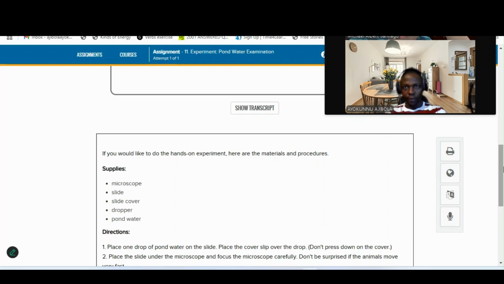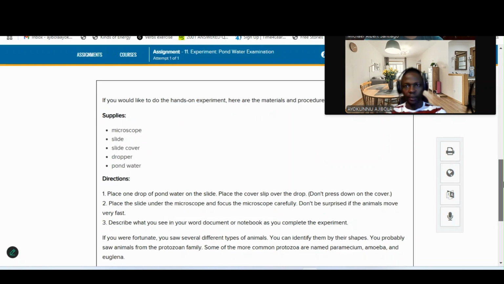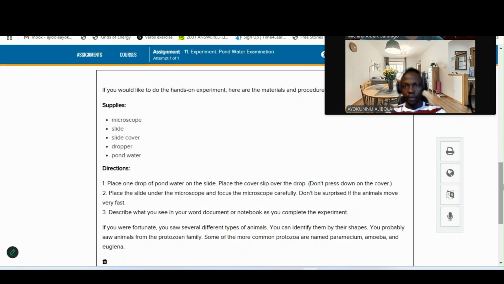It says if you would like to do the hands-on experiment, here are some materials and procedures. You're going to need a microscope, a slide cover, a dropper, and pond water. Then the directions are to place one drop of pond water on the slide and place the cover slip over the drop.